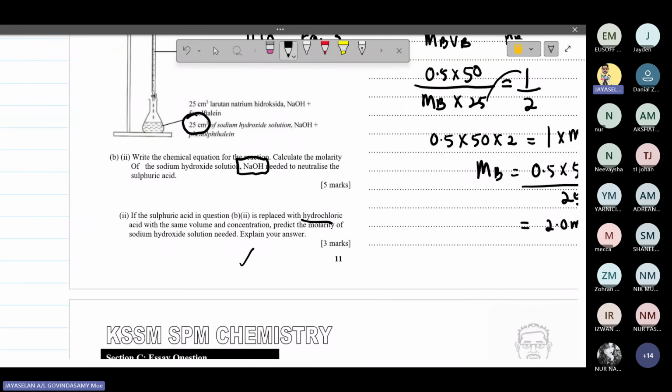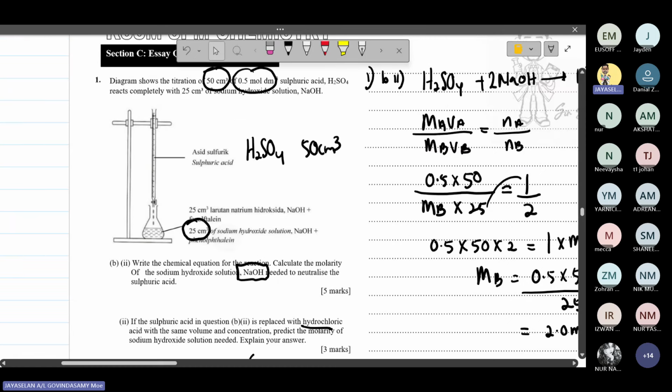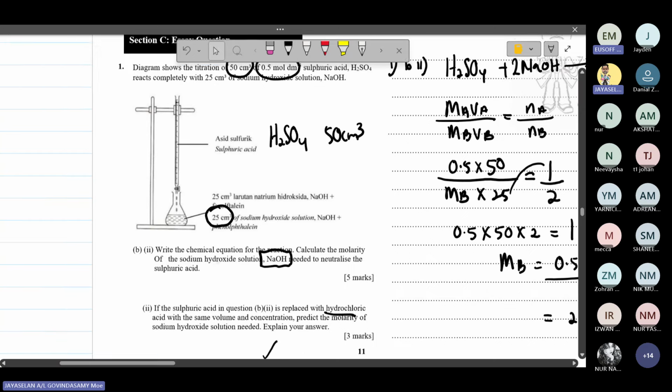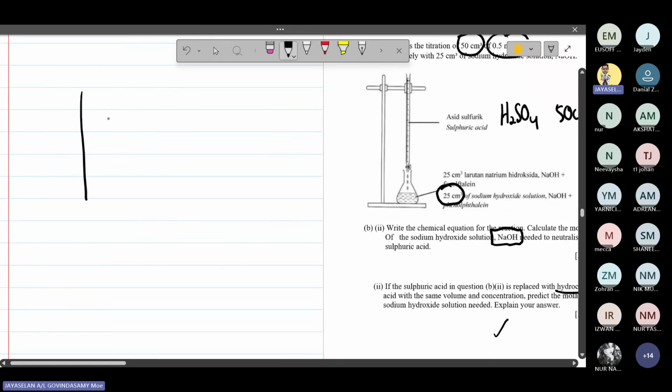Okay, so cara nak predict. Anyone? Any idea? It will be lower, sir. It will be lower, tak boleh, kena letak exact value. Okay, so what you guys do here, predict the volume first.